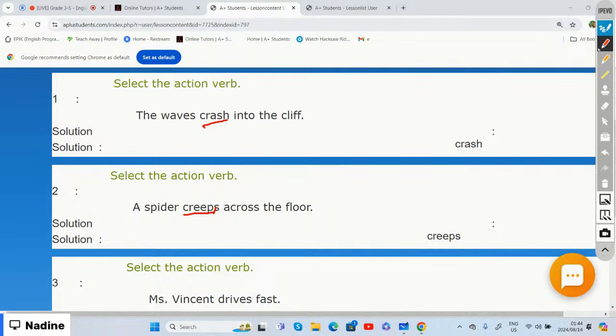And if we were to choose our correct answer, we will say drives. It is our action verb because it shows that someone is doing something.